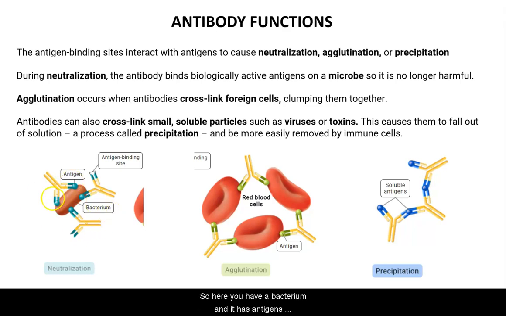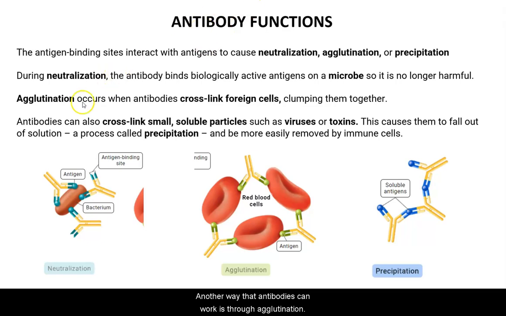So here you have a bacterium displaying antigens on its cell surface, and you have these antibodies binding to those antigens and effectively covering them up so these antigens cannot interact with our body tissues. An example here might be lipopolysaccharide or endotoxin that essentially gets cloaked by the antibodies so that our body does not interact with it.